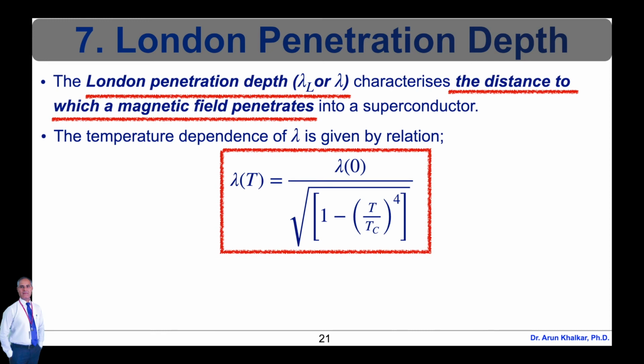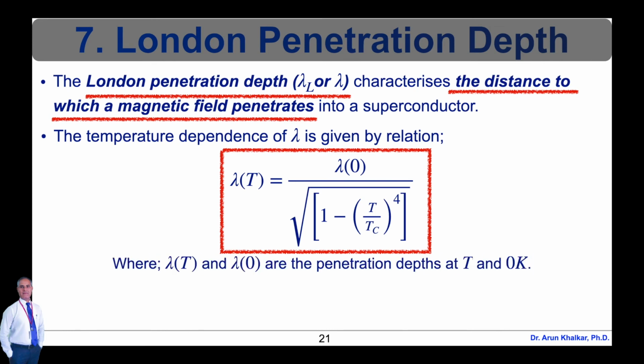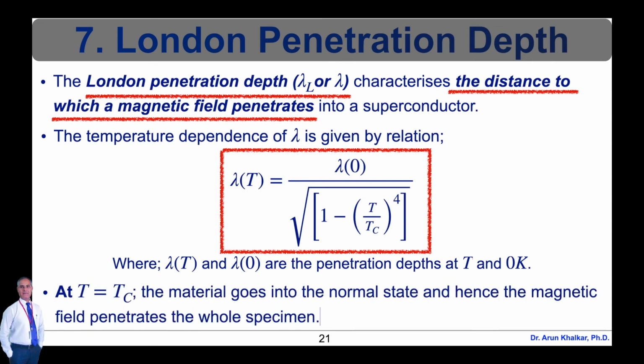The temperature dependence of the London penetration depth is given by the relation λ(T) = λ0 divided by the square root of [1 - (T/Tc)^4], where λ(T) and λ0 are the penetration depths at temperature T and at 0 Kelvin. λ increases with the increase in temperature, and at the critical temperature it becomes infinite.